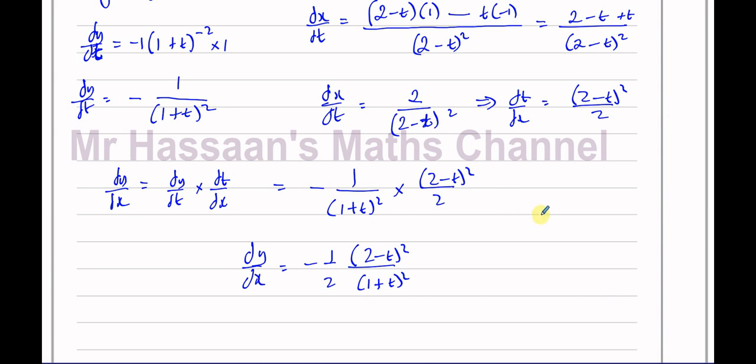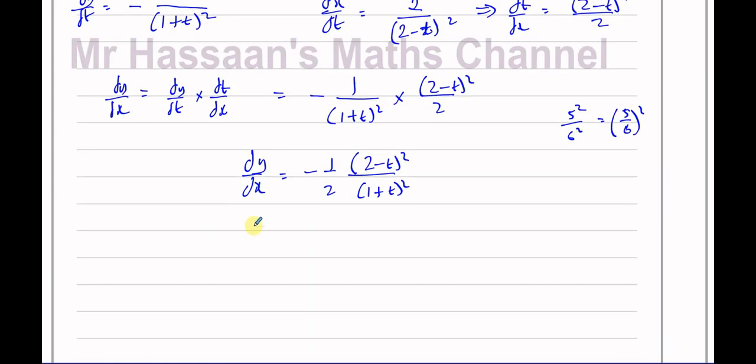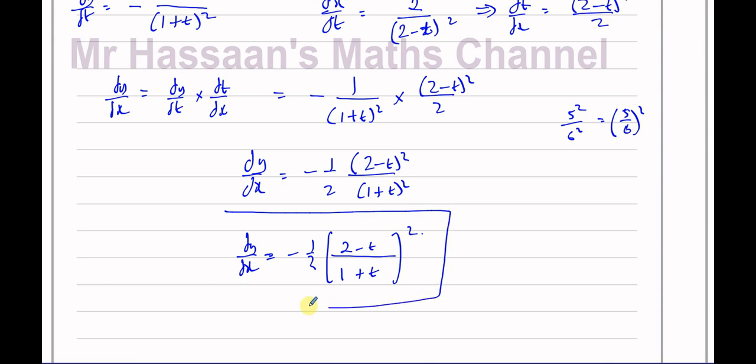Just like, for example, if I said what's 5 squared over 6 squared, well, it will be the same as 5 over 6 all squared. That's 25 over 36. So I can write this as one bracket all squared as one fraction. So dy dx equals minus a half, and then I have one fraction 2 minus t over 1 plus t all squared. And that's what we had to show.